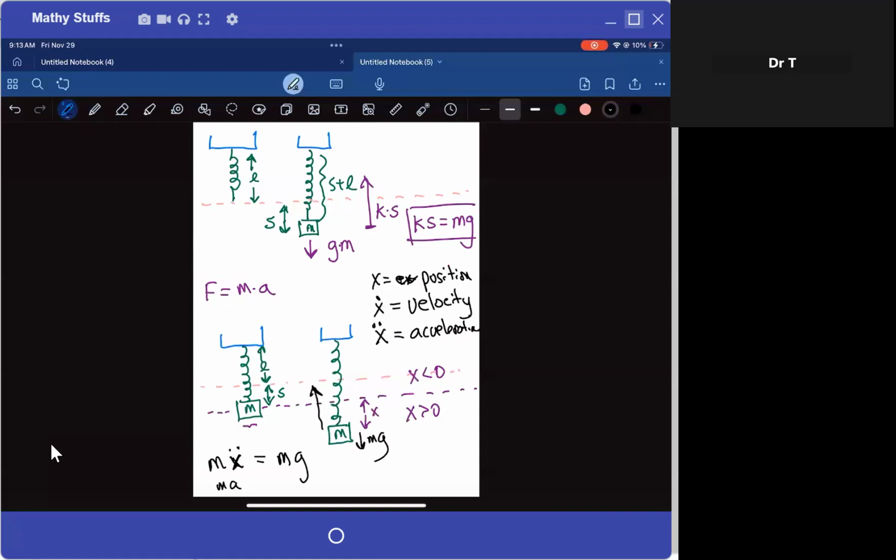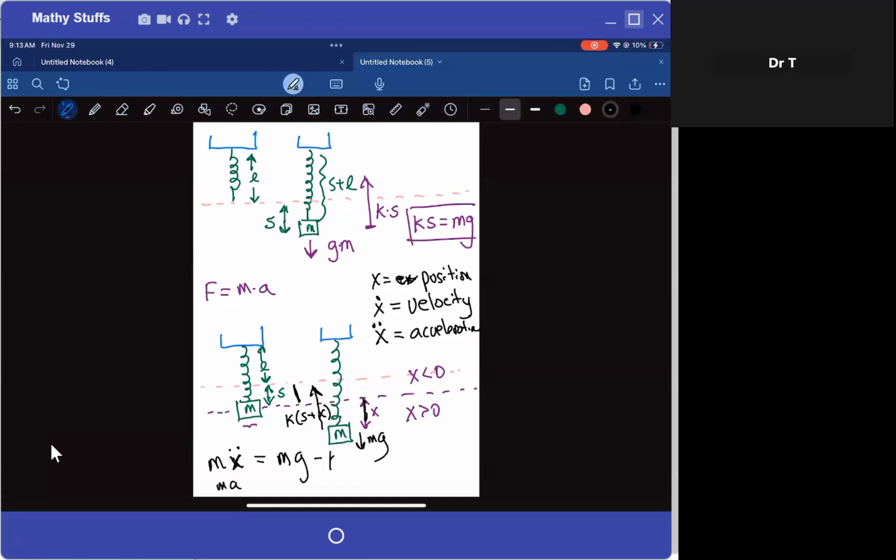And what is that going to be? Well, it's k times the extension past the natural state of the spring. Well, that was an s plus, so this distance here, that's s, plus this additional x. And that is acting upward. So I'm going to subtract that down here.